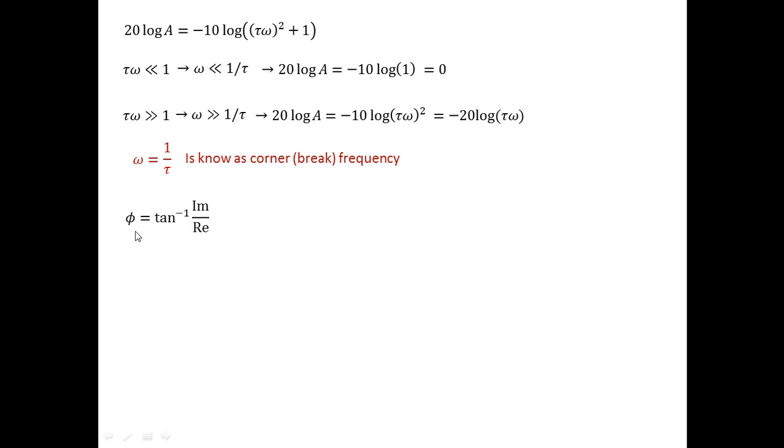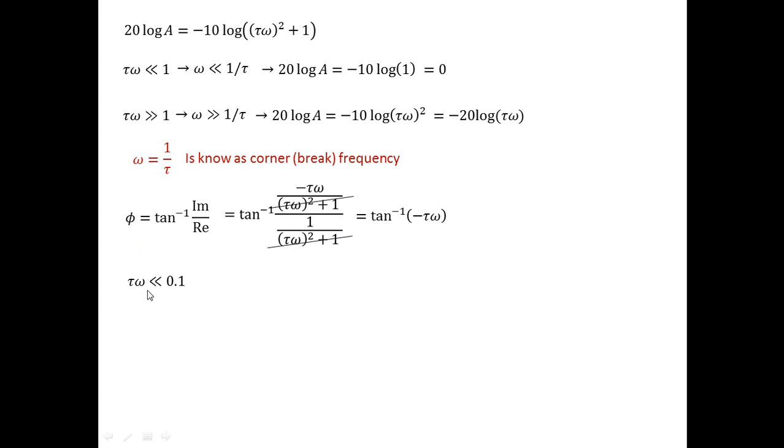For the phase, in order to draw the phase of this function of a simple pole, I have the tangent inverse of the imaginary part over the real part, which is tangent inverse of minus tau omega over tau omega squared plus 1, over 1 over tau omega squared plus 1, which means these two cancel out each other, so phi will be equal to tangent inverse of minus tau omega.